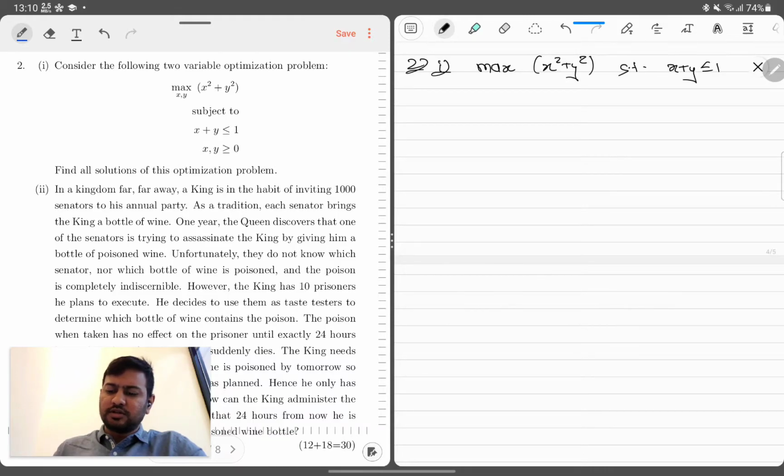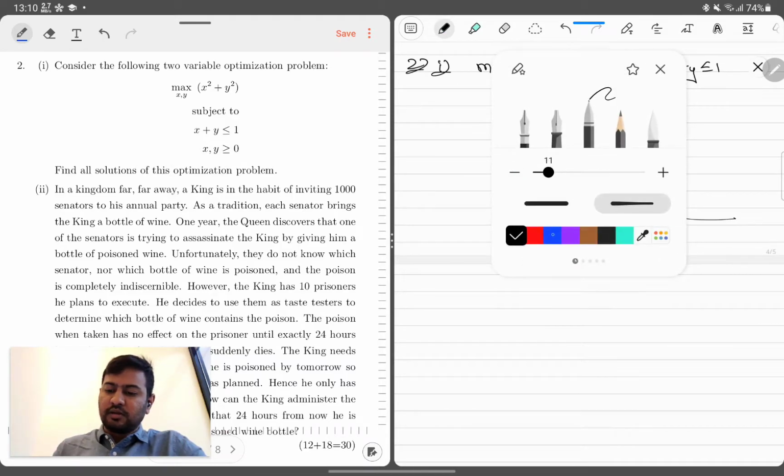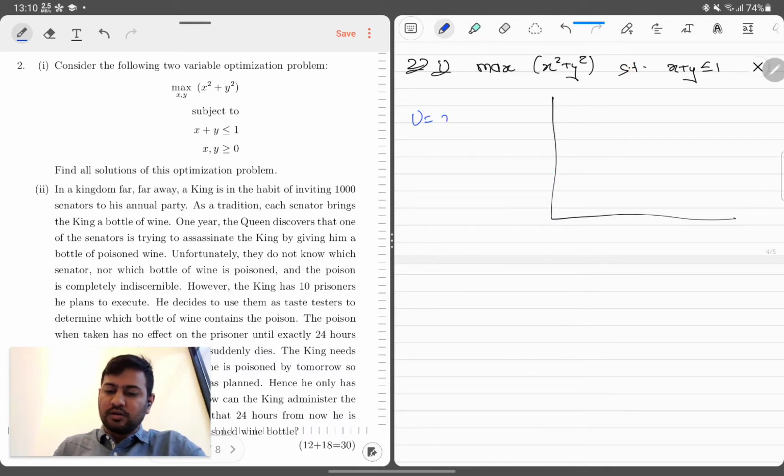You can think of this as a budget constraint problem wherein your utility function is described as x squared plus y squared. So your ICs are going to look like this. Let me use these shapes.